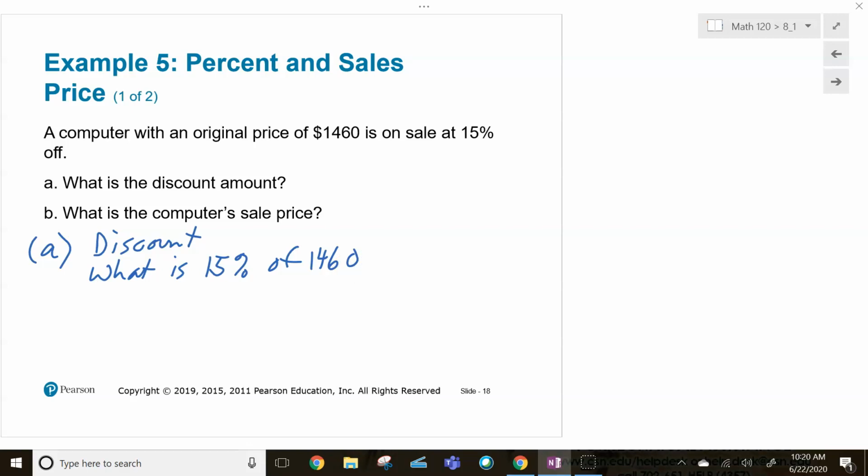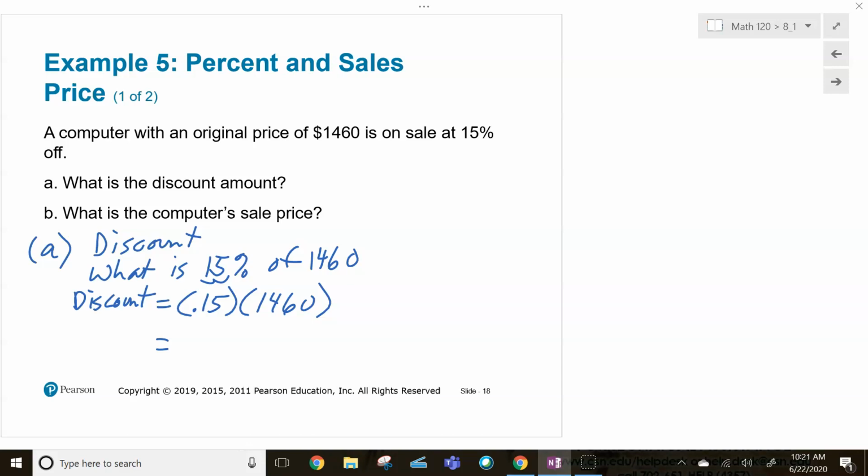So what's the discount? Discount equals 15%. Again, move it left to work with this as a decimal, times 1460. So 0.15 times 1460. Let me punch that in here.